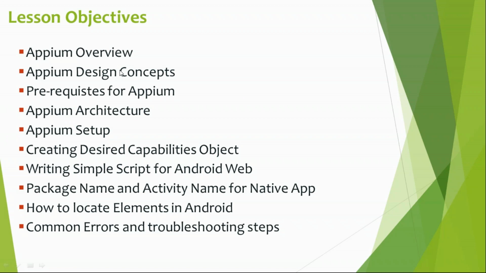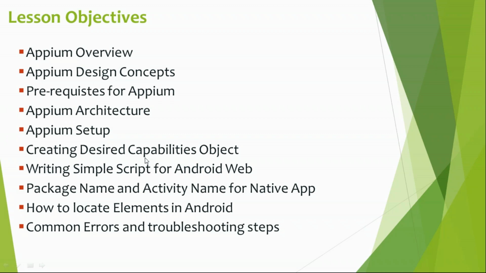We'll do the setup. Before doing APM setup, we need to do some other software installations like Node.js and the SDK, and some device drivers if you are connecting a device for the first time.